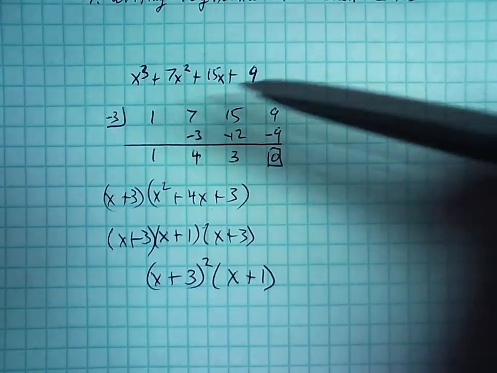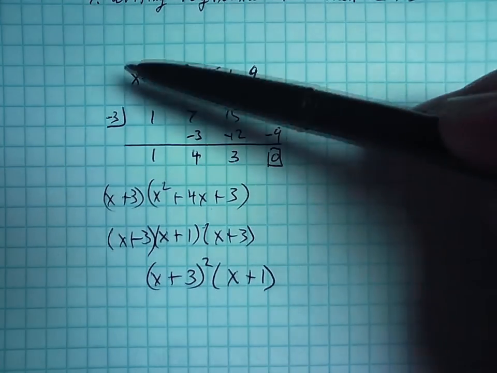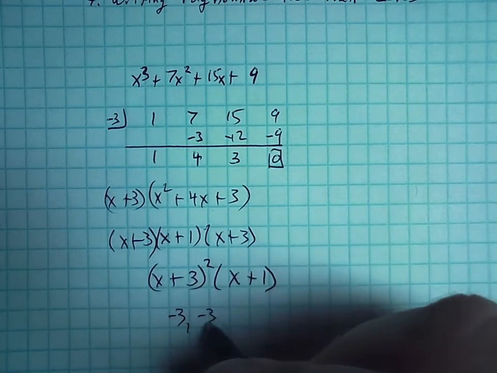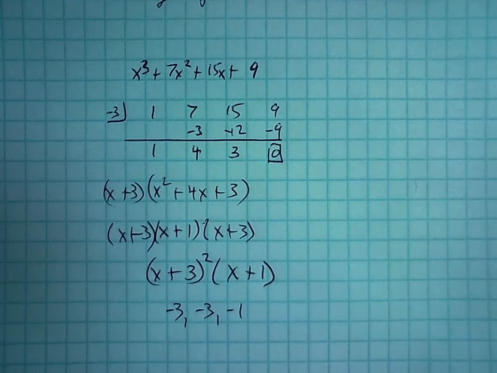So this polynomial has, if you're willing to count repeated solutions, 3 solutions. It's just the solutions are -3, -3, and -1. We normally wouldn't count this as 3 solutions. And that's why the basic fundamental theorem says it can have up to 3 solutions.